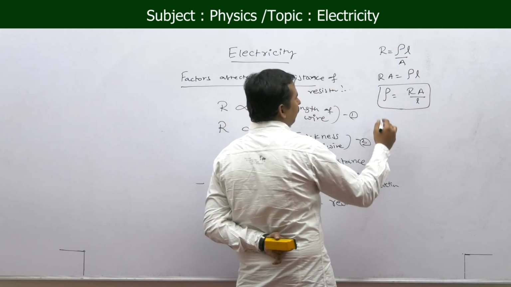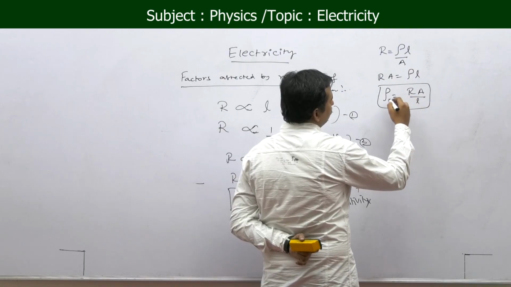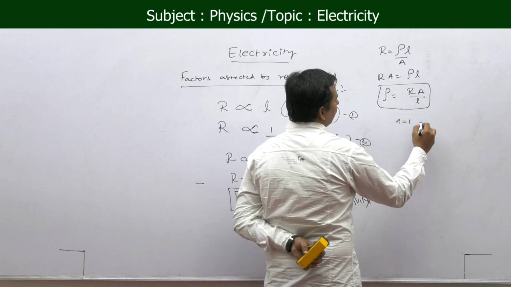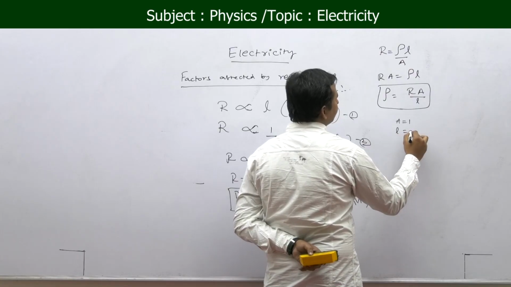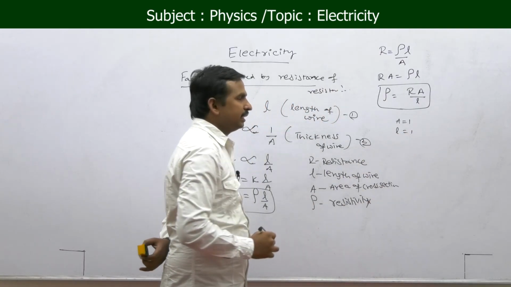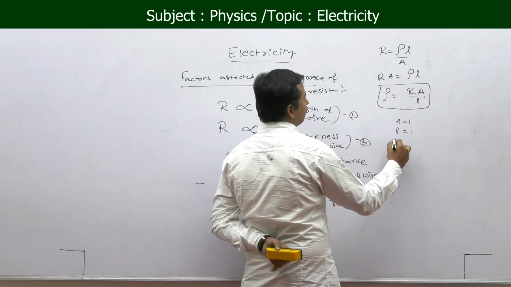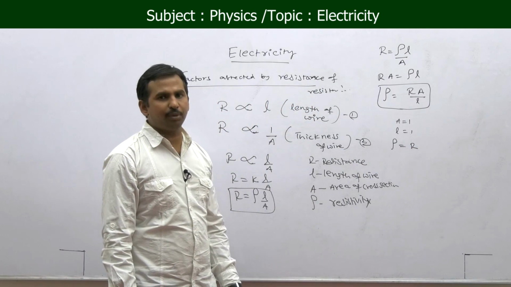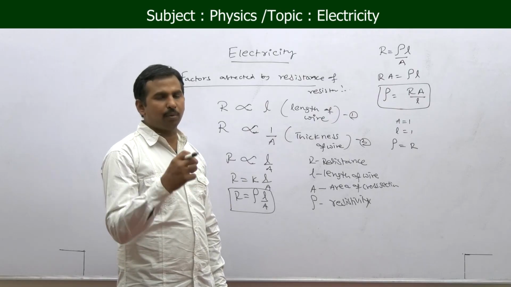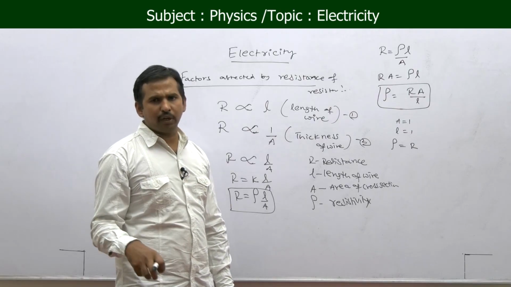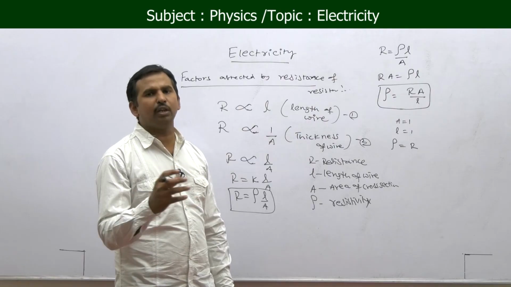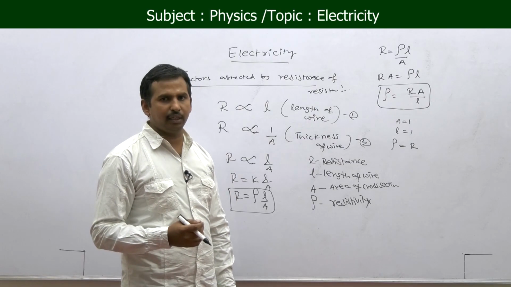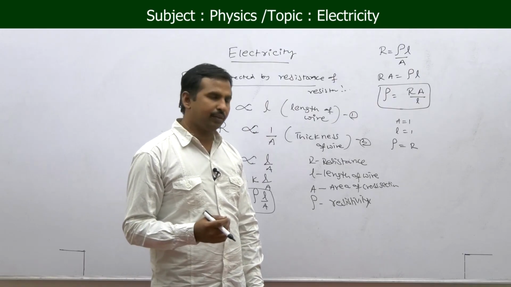If you take the area of cross section as 1 meter square and the length as 1 meter, then rho, the resistivity, is nothing but equal to the resistance. So resistivity means the resistance offered by 1 meter of wire having thickness 1 meter square.